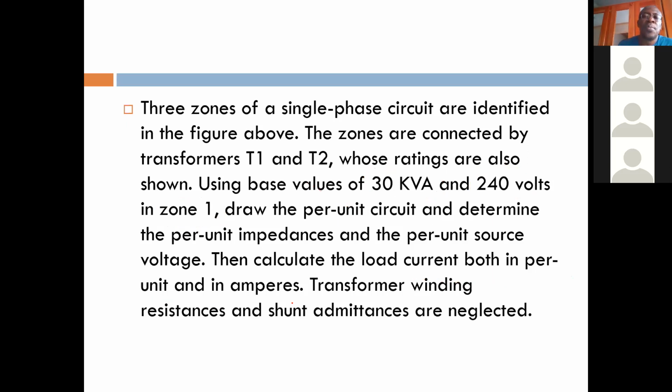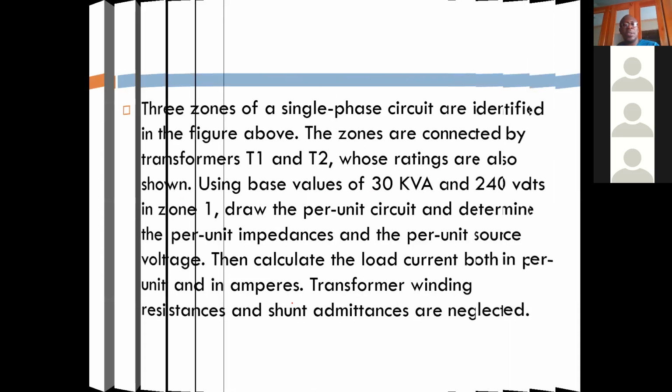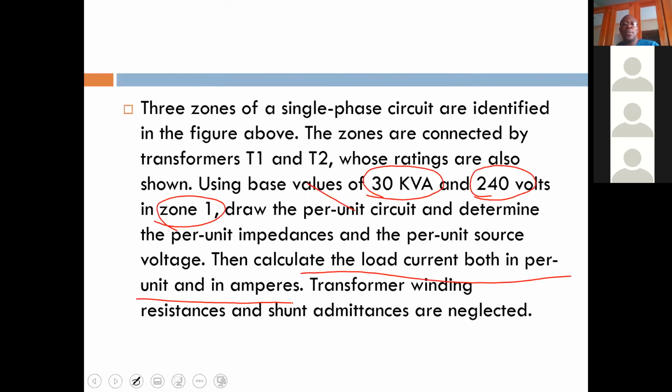So let us go. Students, the objective here is to draw the per unit circuit and determine the per unit impedances and the per unit source voltage. So the first thing I want to do is to draw the network for which I'm going to find all of these values.